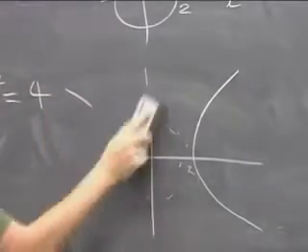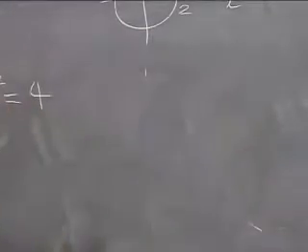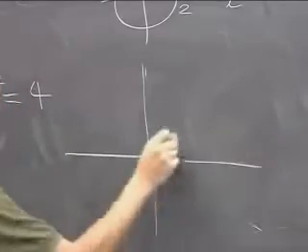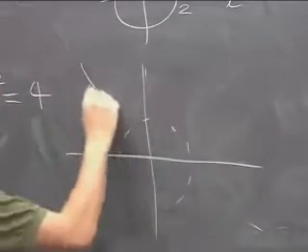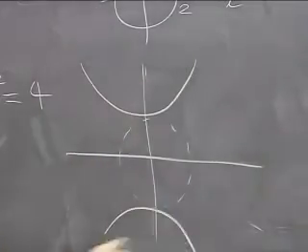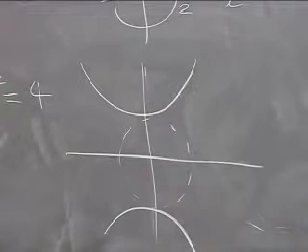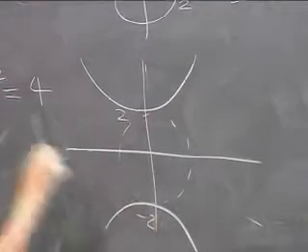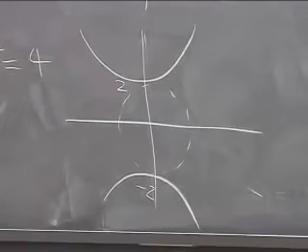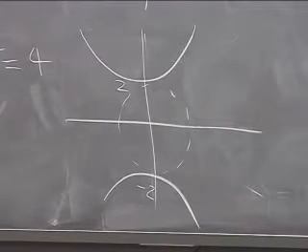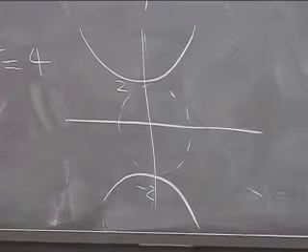That's x squared minus y squared equals 4. It's going to be a hyperbola like this. How did I know that the other one was wrong? Well, the y-intercepts are 2 and -2. There can't be any x-intercepts because then x would have to be the square root of -4. So actually what I first drew was x squared minus y squared equals 4.